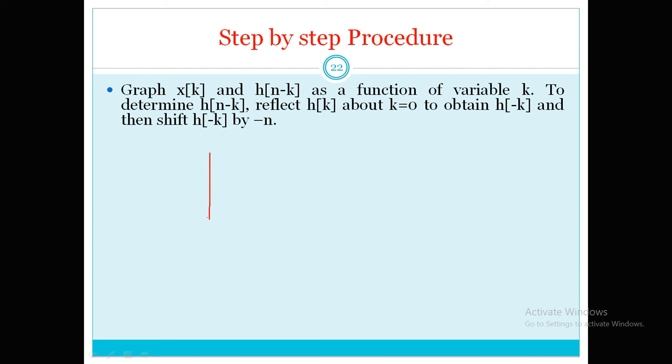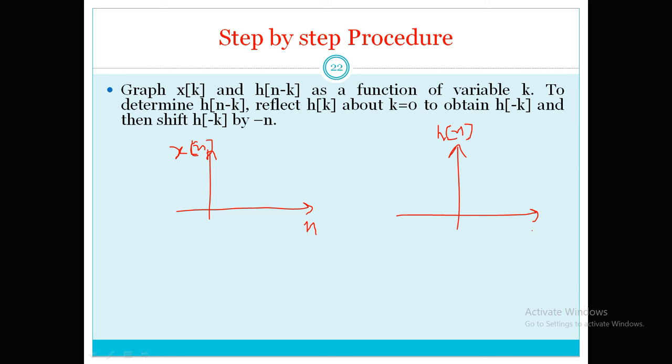So the idea is, if this is a signal, x of n, of course this is discrete in nature so it should be square brackets, and this is n, and this is h of n, like this.